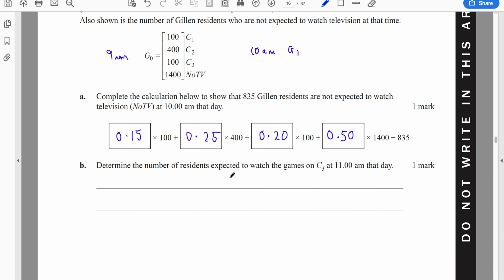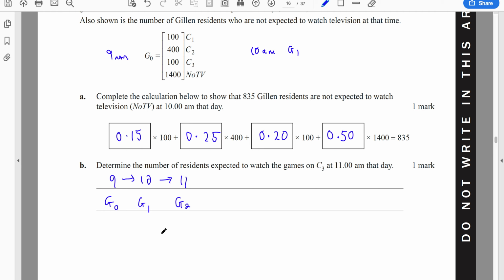Okay, we're next asked to determine the number of residents expected to watch C3, so the third element down, at 11 a.m. So if this is 9 a.m., we're clearly looking for G3 in this case. Oh, sorry, G2, since this is G0, like so.